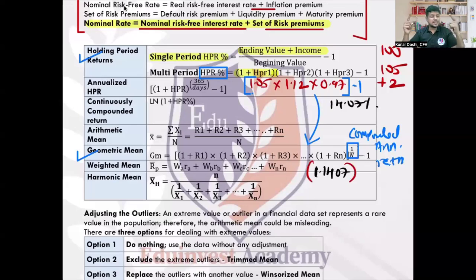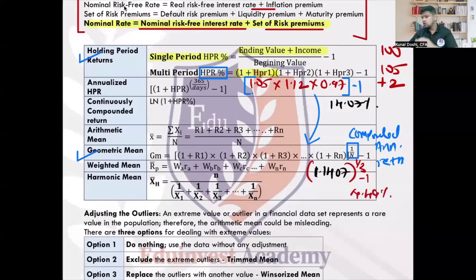To the power 1 over 3. And how do I do that? Can everyone press YX? I'll also show on the screen. YX 3, inverse, equal to, minus 1. And if you do that into 100, you'll get 4.49%.